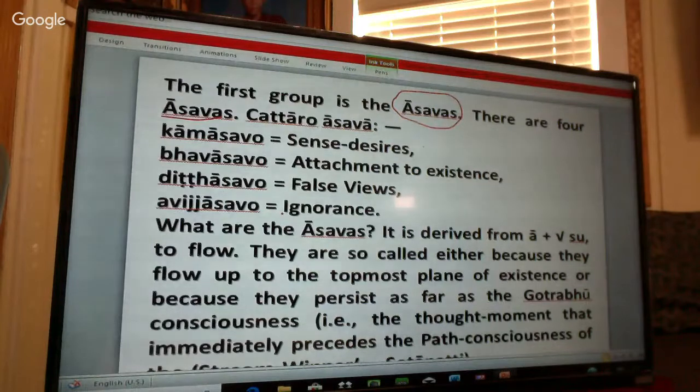Then the first, Kamasava, is not something different. Kamasava is just attachment, lobha, sense desire, desire in the sense of pleasure. This is what we call Kamasava.